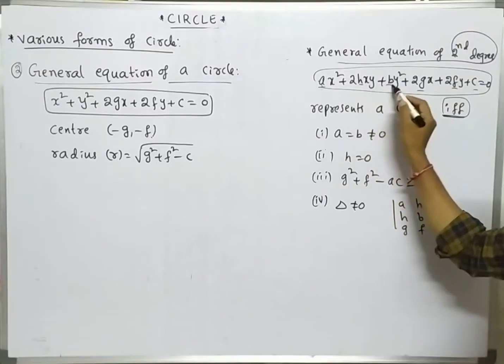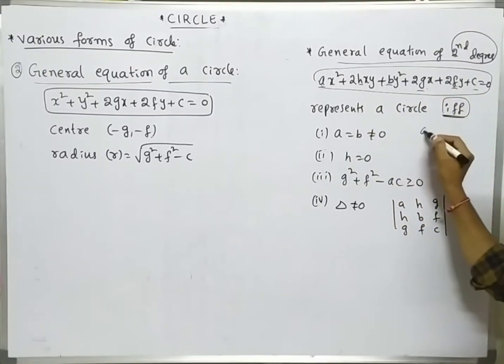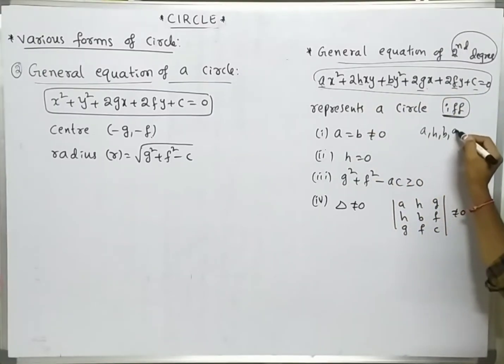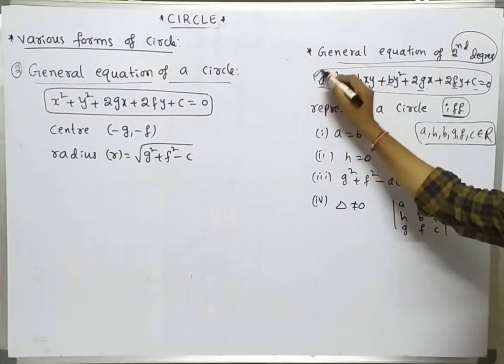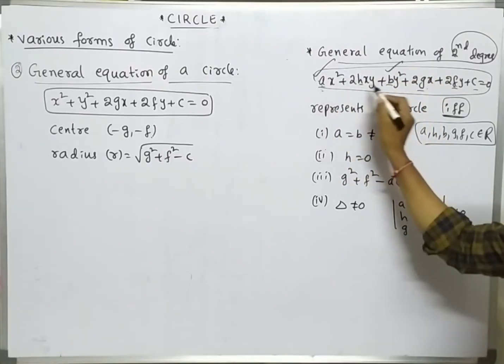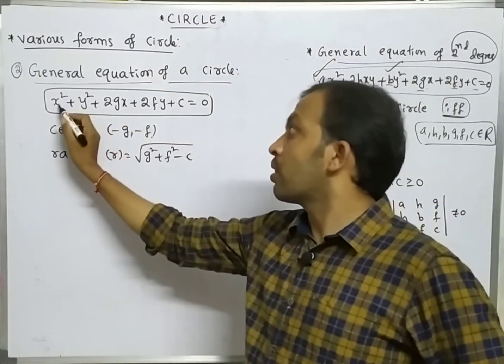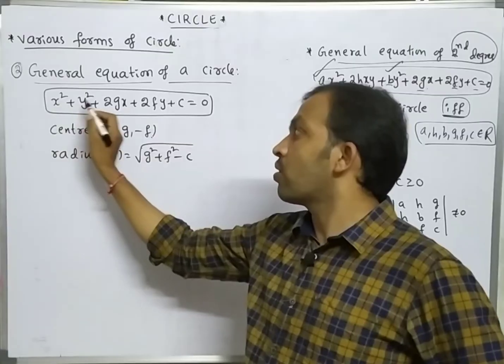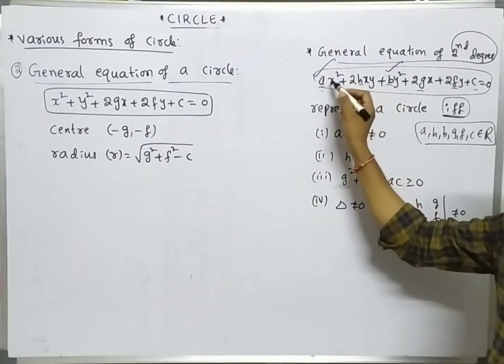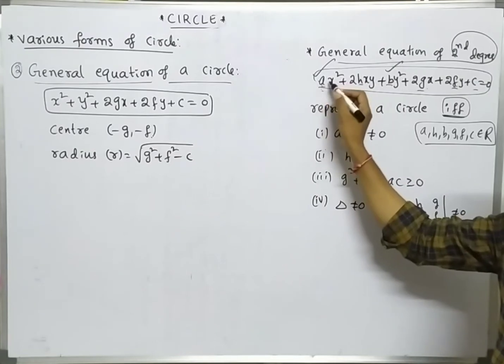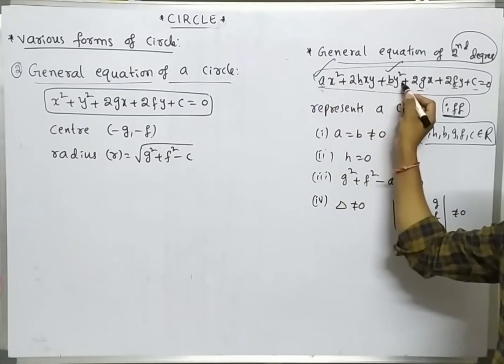So a, h, b, g, f, c all are taken from real numbers and a, b must and should be equal. Here the x square coefficient a is 1, the y square coefficient is 1, right? Otherwise we can have 2x square plus 2y square, like that also we can have.